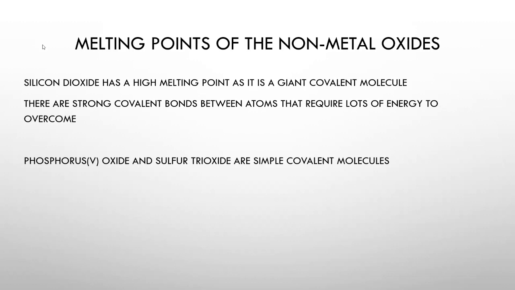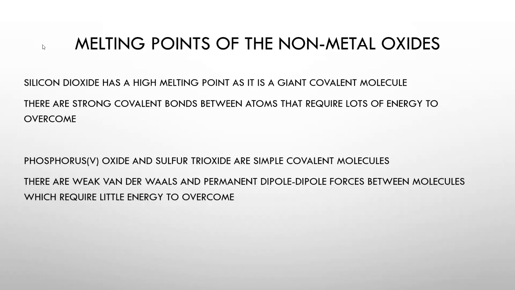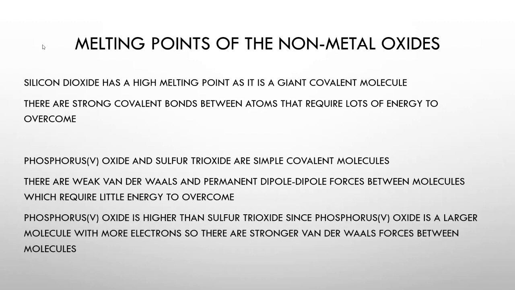P4O10 and SO3 are simple covalent molecules, so they've got weak intermolecular forces, which need little energy to overcome. And the phosphorus oxide is higher than sulfur trioxide, since the phosphorus one is a larger molecule with more electrons, so there are stronger van der Waals forces between molecules.